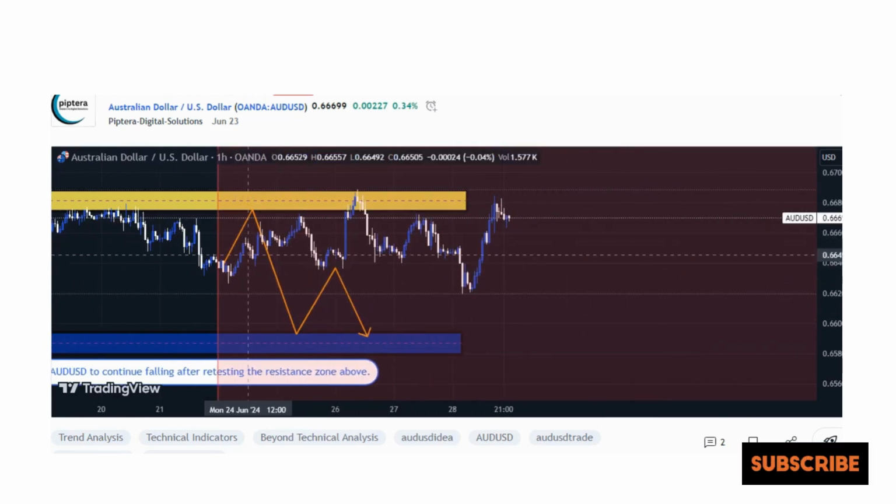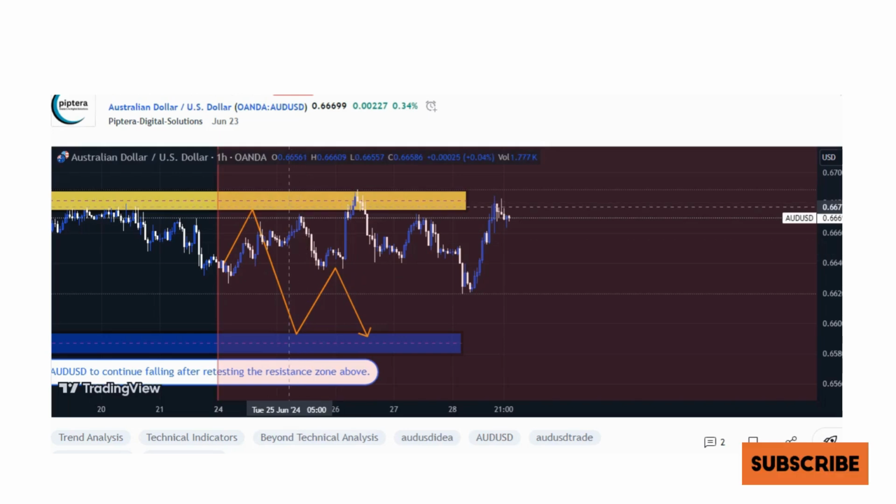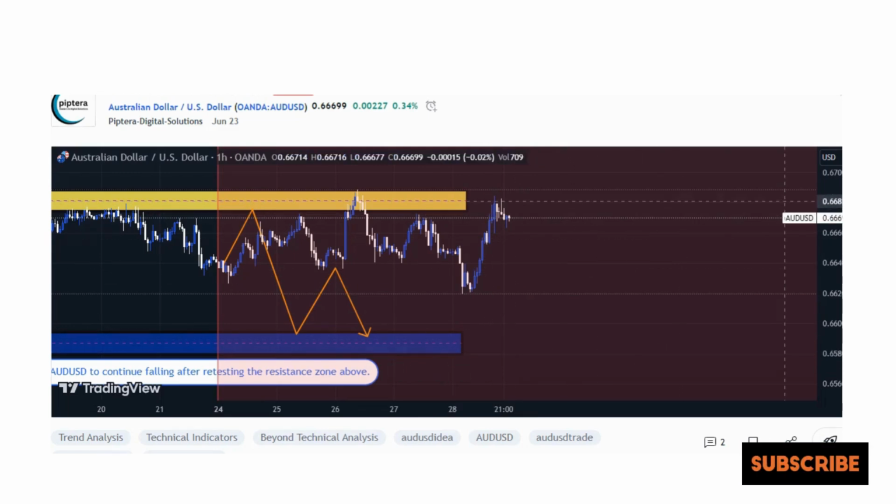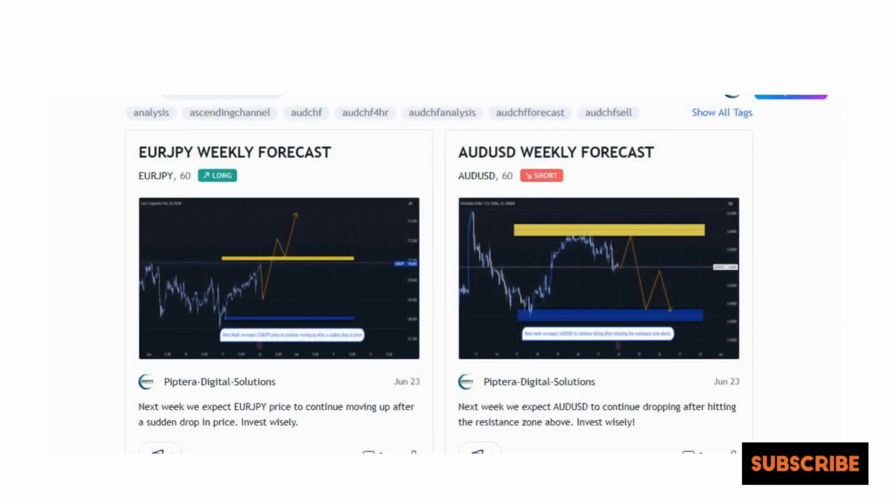The price came back and respected our perception and forecast. It came back to the resistance zone, hit it, got rejected, moved back halfway, and is now coming back to retest this resistance zone, probably before it comes back to the support zone. So let's see what will happen next week.